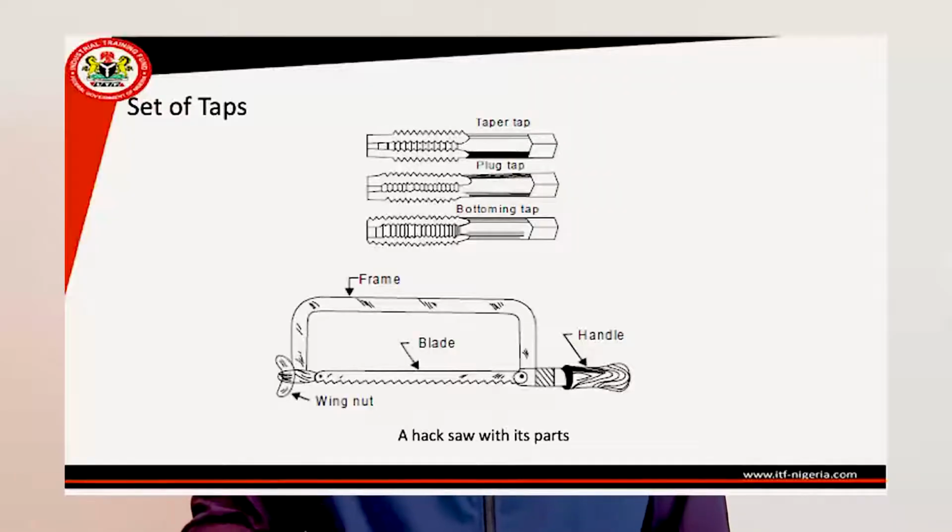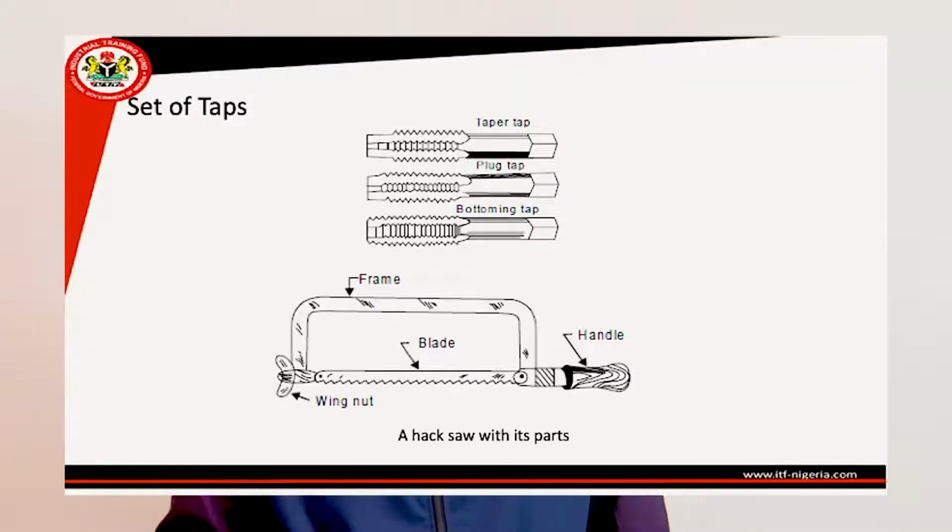Another important cutting tool for this lesson is the tap. There are occasions when one will need to create a thread in an existing hole, for the purpose of screwing in a bolt and nut. An existing hole can be tapped by making use of a tap. Taps are tools that are used to create internal threads in an existing hole.